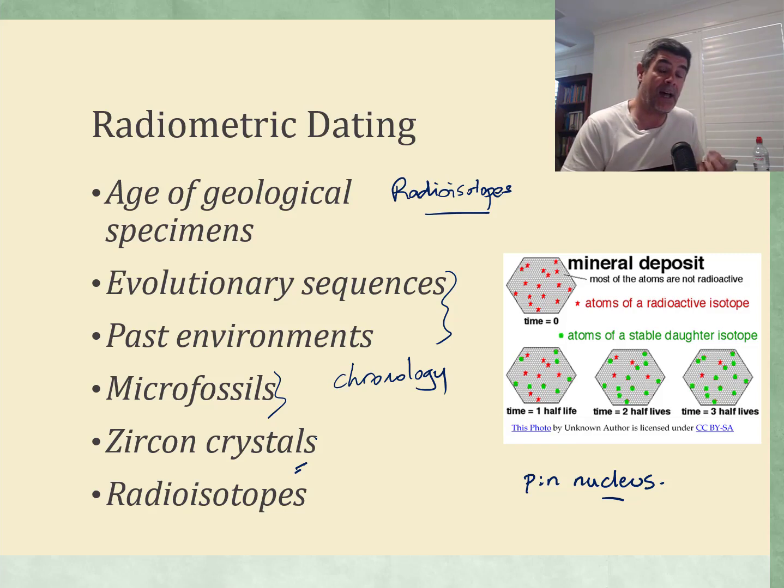Those are going to release radiation and transmute into a different type of atom. So by looking at the proportions and the half-lives, we can get an idea of the age of each of these different types of samples.